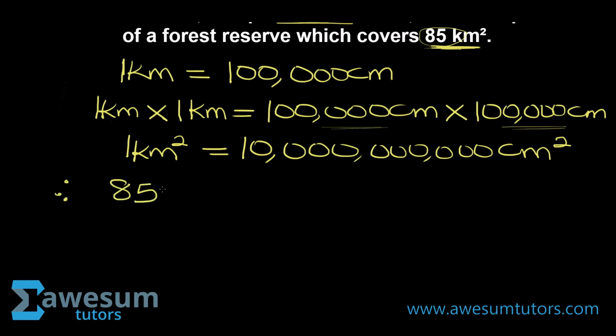therefore 85 kilometer square will then give you what? All you have to do is to multiply. So you cross multiply this times this divided by 1.